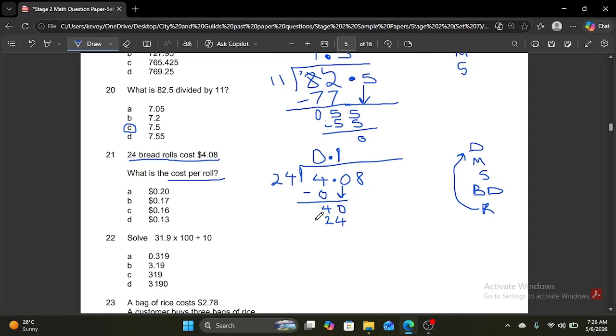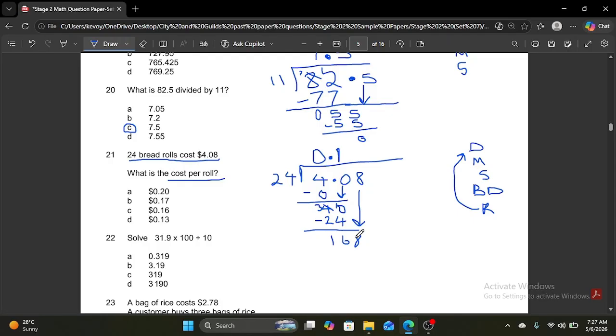After you multiply, subtract. So 4 from 10 is 6, you'll have 3 remaining, and 2 from 3 leaves you 1. After we subtract, we bring down the 8.